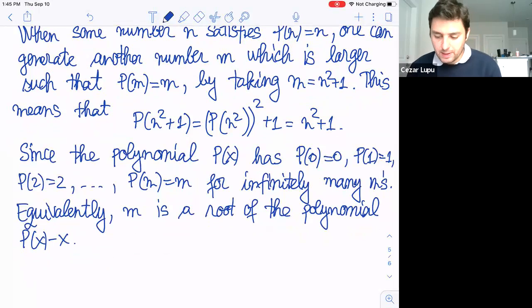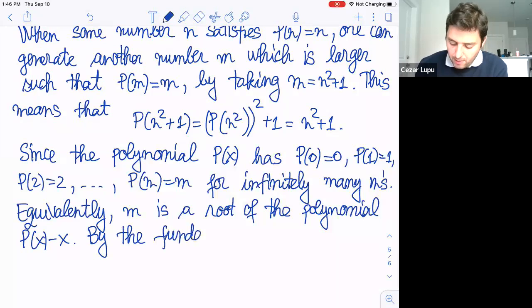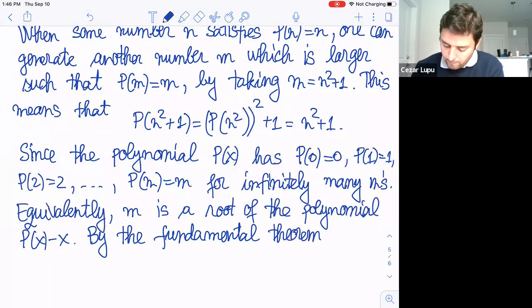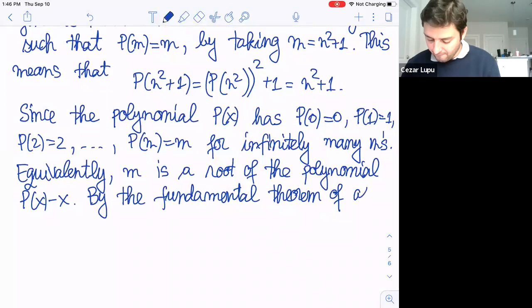Okay, and now let's see. By the fundamental theorem of algebra, if I have a polynomial of degree n, it cannot have more than n roots. It has at most n roots. That's one of the most essential things in mathematics.